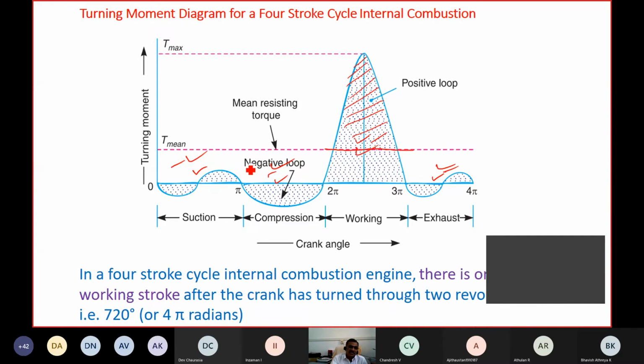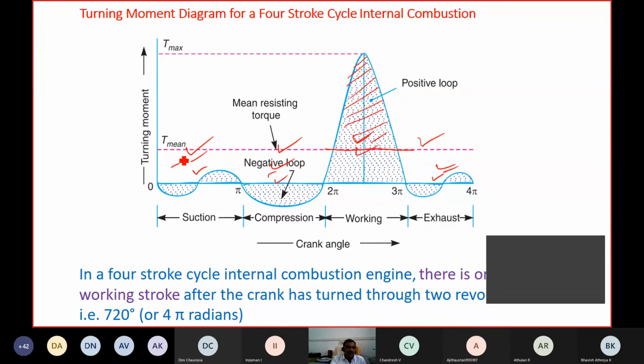If you have 4 cylinders, then one cylinder will produce power in this stroke, another will produce power during this stroke, the third will produce power during this stroke, and the fourth cylinder will produce power in this stroke. So fluctuation will be less. That is why we go for the multi-cylinder engine. All the cylinders will not produce power at the same time. Different times it will produce.